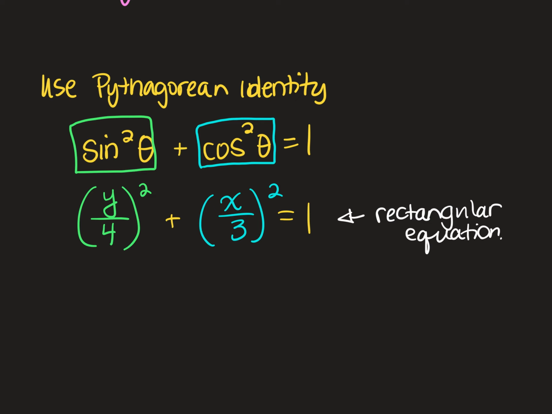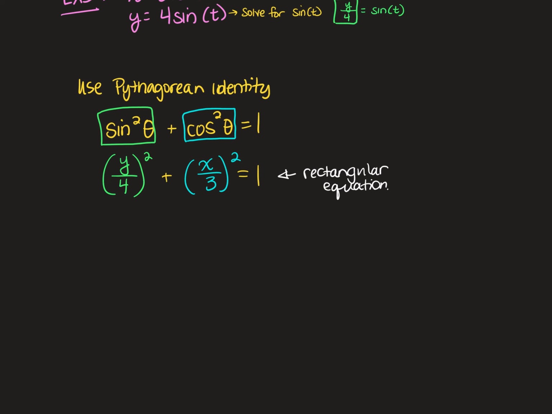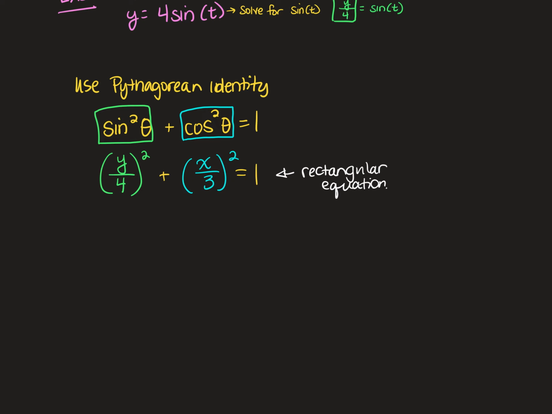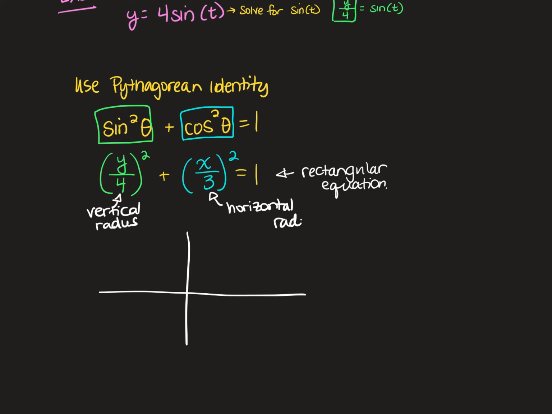Now when we go to graph this, it becomes a little interesting, but I can show you a little bit of a trick here. And we kind of have seen one of these already when we started plotting parametric points. But what we end up getting is an ellipse that has what I like to call my vertical radius of whatever y is divided by, and my horizontal radius of whatever x is divided by.